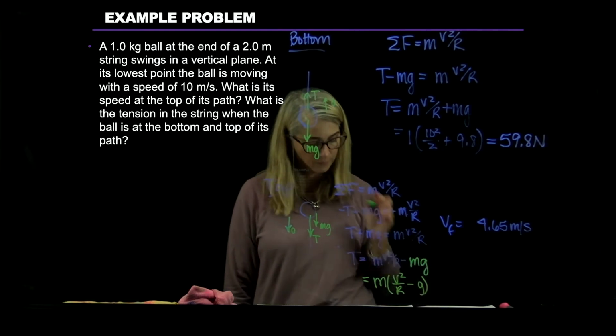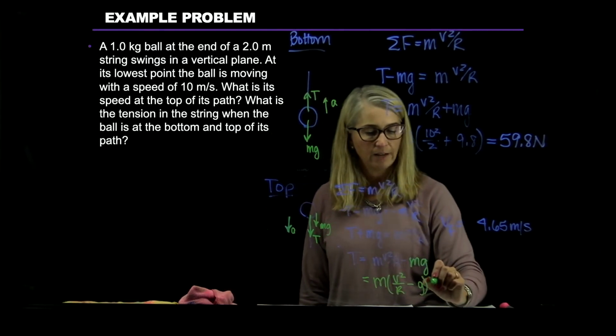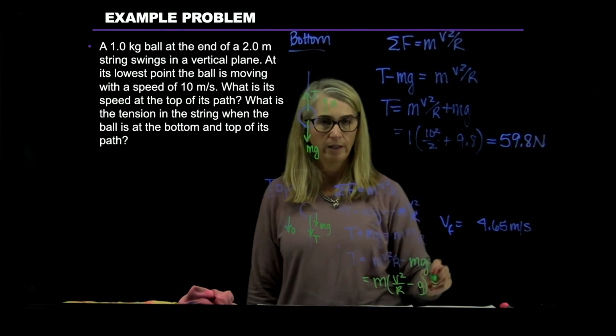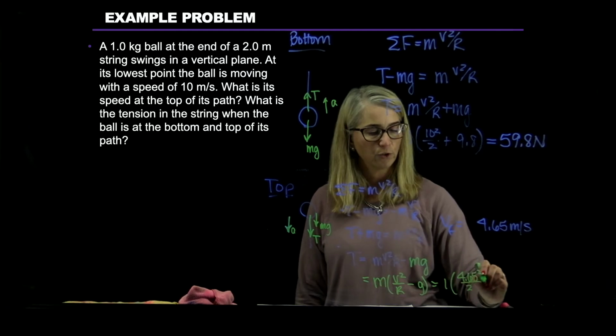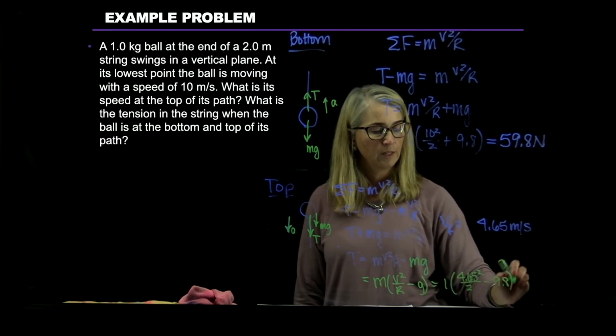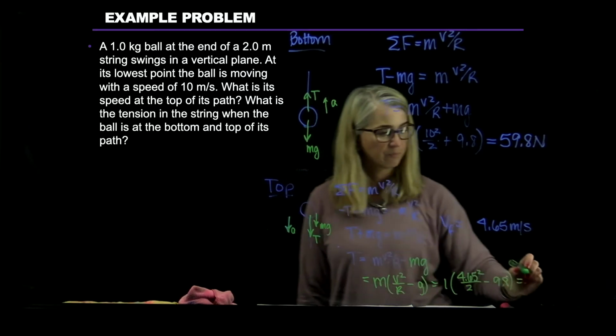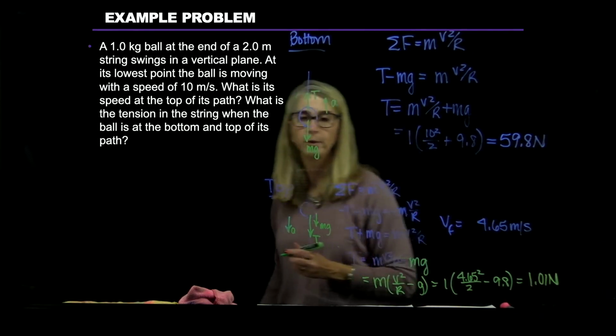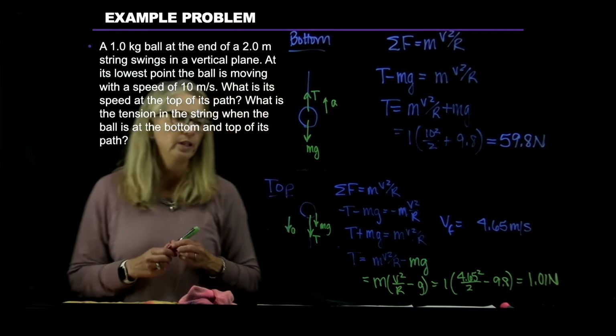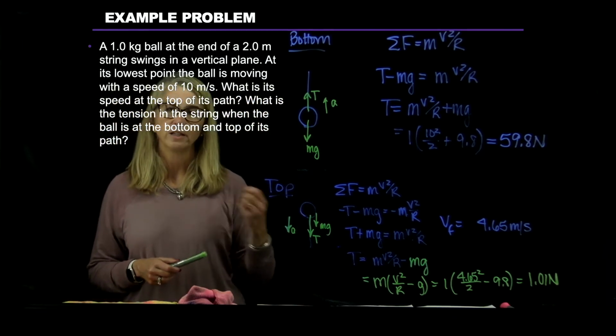Now for the velocity, I have to remember what the velocity was. That's why I left it here. It was the 4.65 squared over the radius, which is 2, minus 9.8. And so I see that the tension is actually very small. It's only like 1 newton. And if you think about this, this might make sense in your experience.